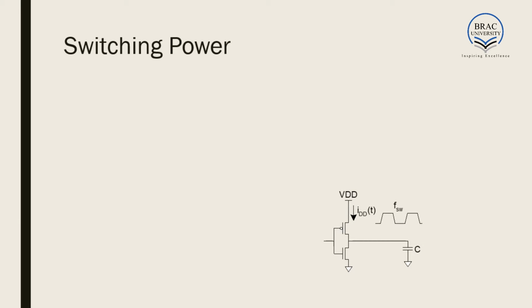Now another power component which is under consideration is switching power. Switching power, let us term it PSW. The average switching power will be 1 by T, integration from 0 to T of i(t) VDD dt.